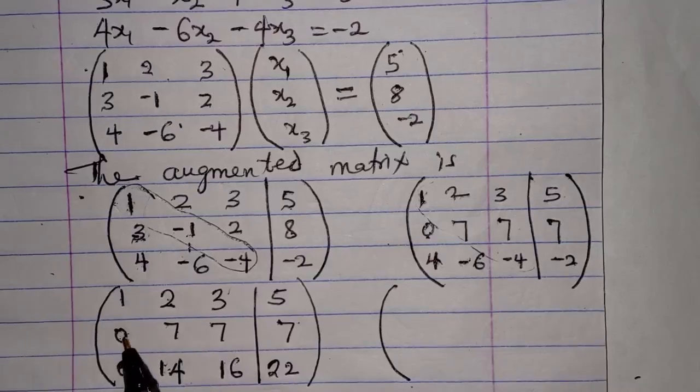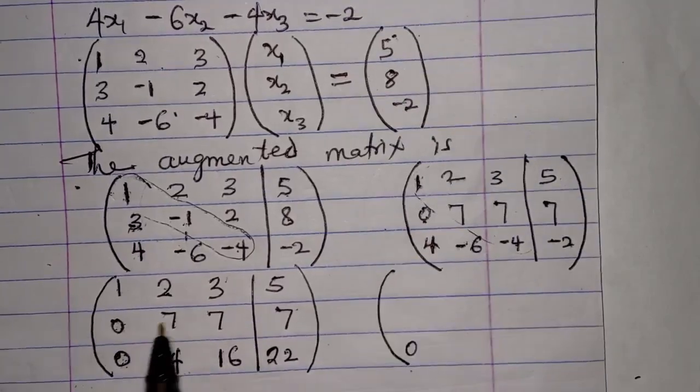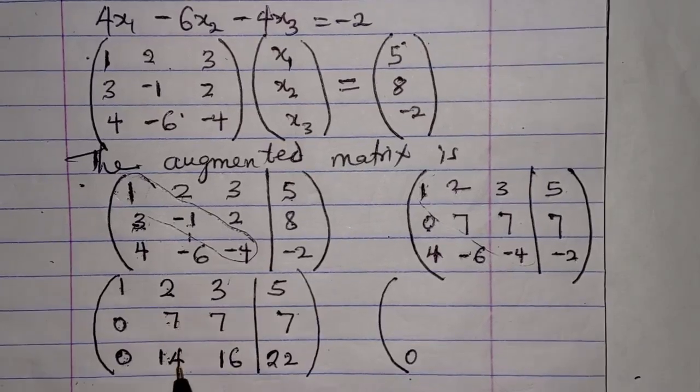2 times 0 is 0. 0 minus 0 is 0. Put it there. 2 times 7 is 14. 14 minus 14 is 0.